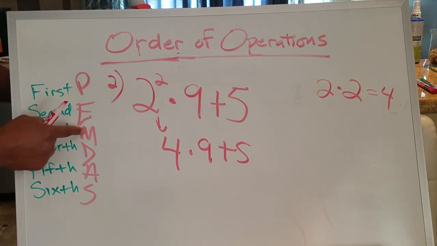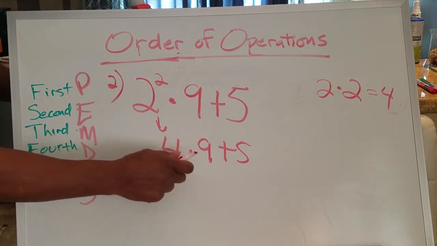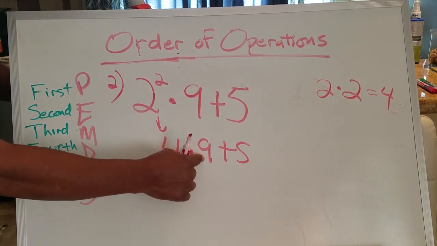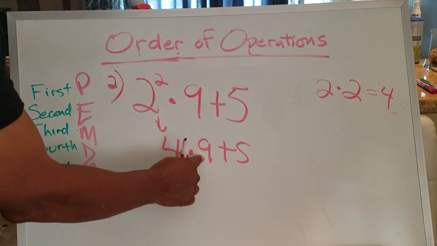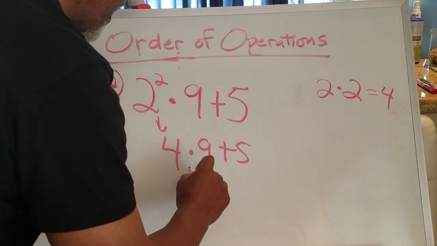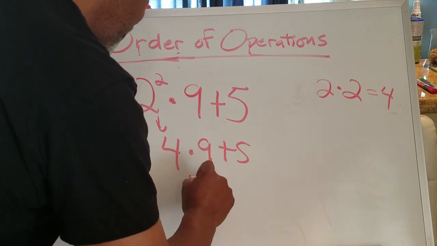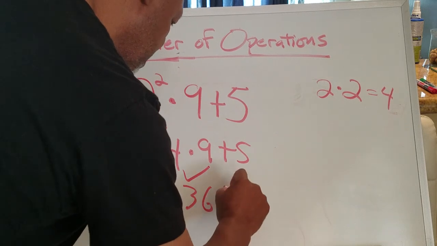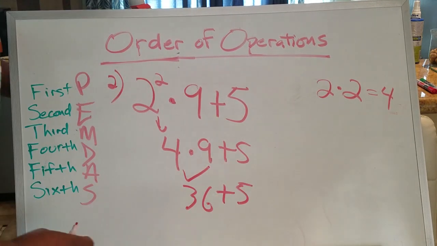What's the next thing? Third is multiplication. Is there any multiplication? Yes. We're using the middle school multiplication dot. 4 times 9 is what? There you go. You got it. 4 times 9 is 36. So we'll move this down to 36 plus 5.